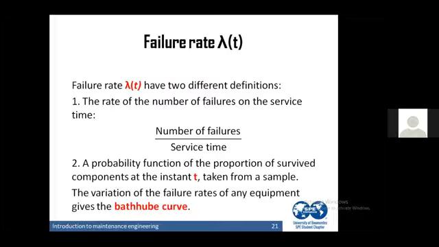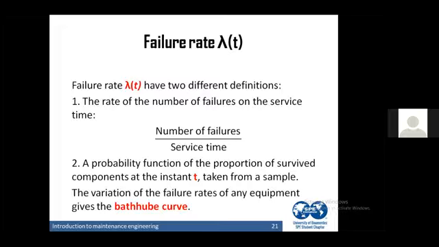However, the second definition is related directly to probability: we can define the failure rate as a probability function, which is the probability of the survived component at an instant t taken from any sample. By sample I mean some equipment of the same type, for example, 5 pumps. This is the probability of having the failure rate.